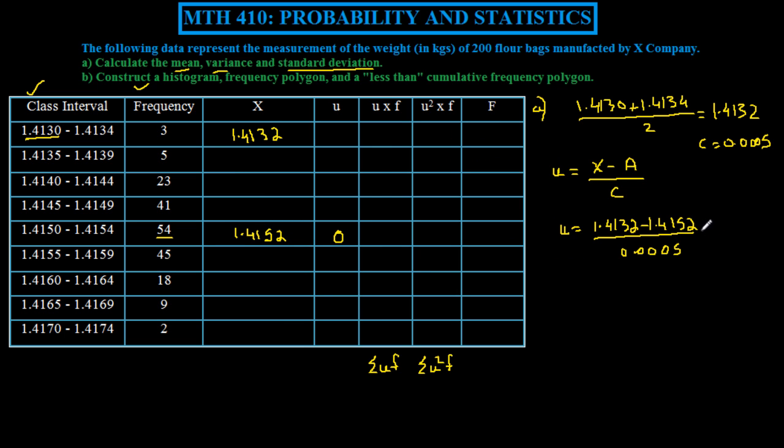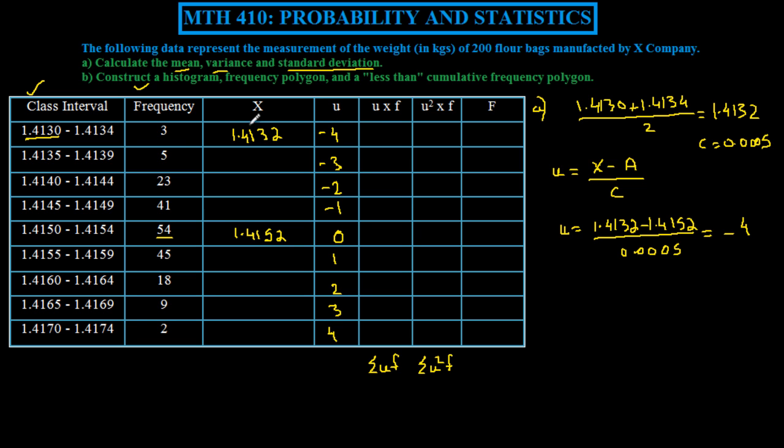We're just converting these long complicated numbers into a code, and you'll realize that there will be patterns. These numbers will increase by 0.0005, and this will be increasing by plus 1.